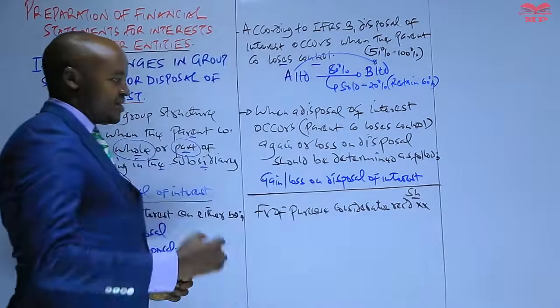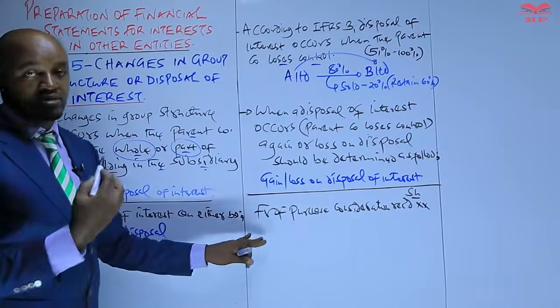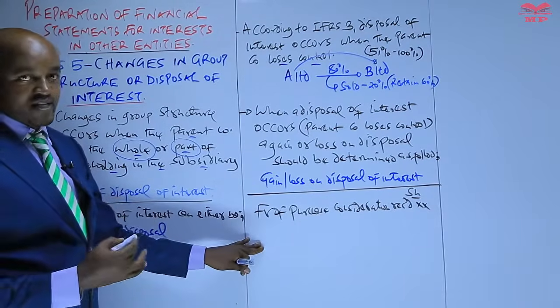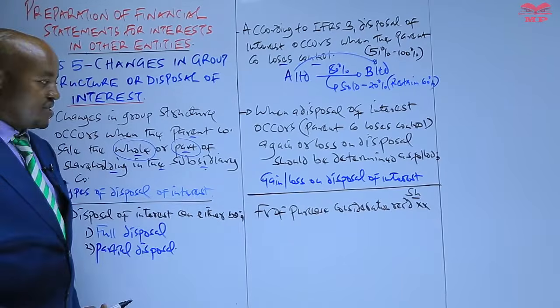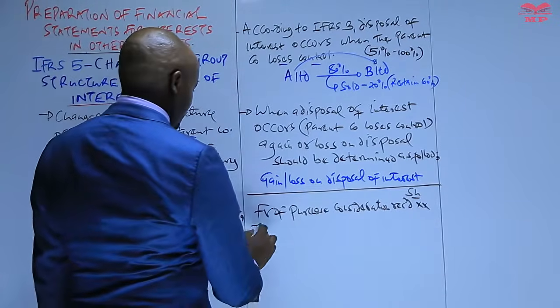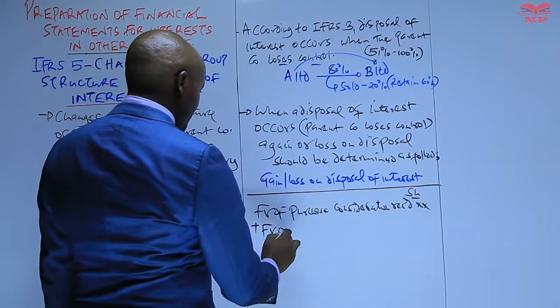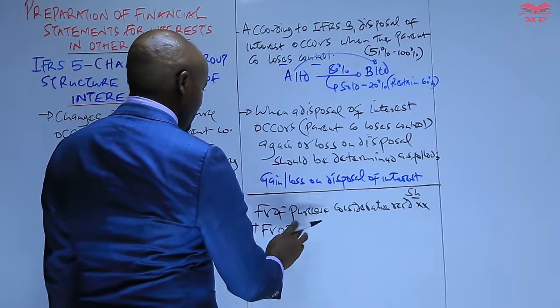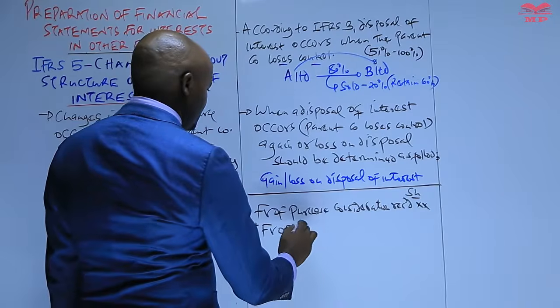When the parent company sold some of the shares, or basically all the shares in a subsidiary, how much amount was received by the parent company? That is what is referred to as the fair value of purchase consideration received. To this we add the fair value of investment which has been retained.